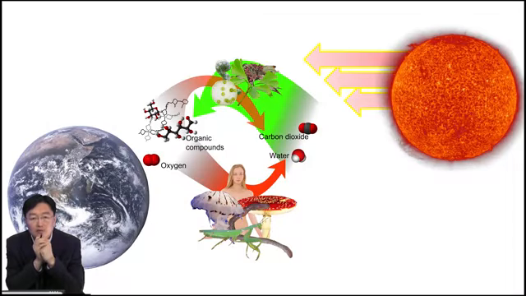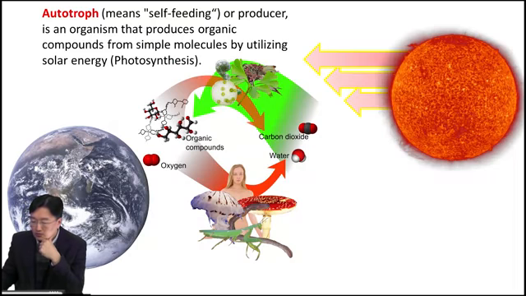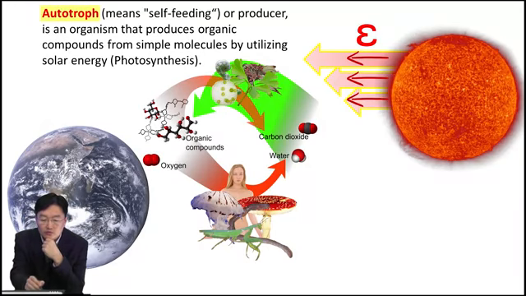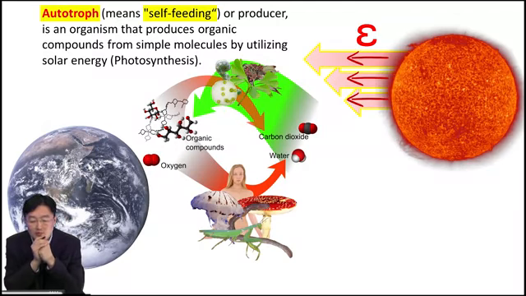Before we get into biochemical details one by one, we have to think about our ecosystem. The ultimate source of energy comes from the sun. This solar energy can be transformed into usable energy by autotrophs. Auto means self, so autotrophs are self-feeding organisms.